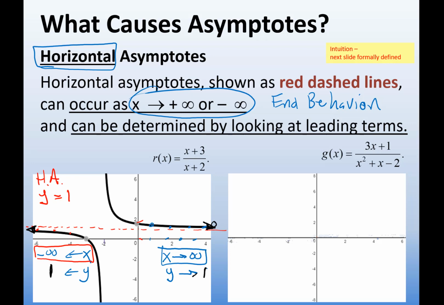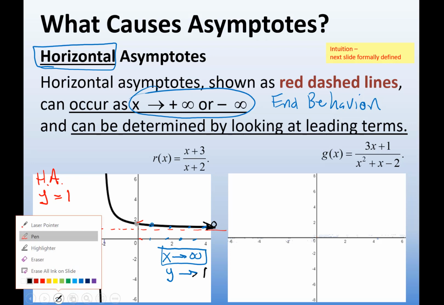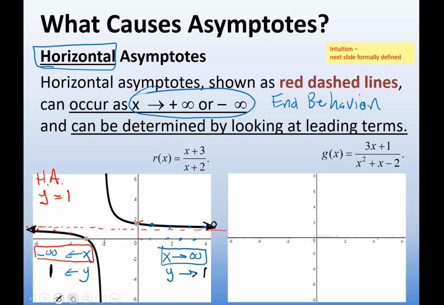Okay, then if we look over here at this other example, this one's a little bit more complicated. We have 3 branches here, but it seems to be exhibiting something on the end behavior. Here's a tail way out here at this end.